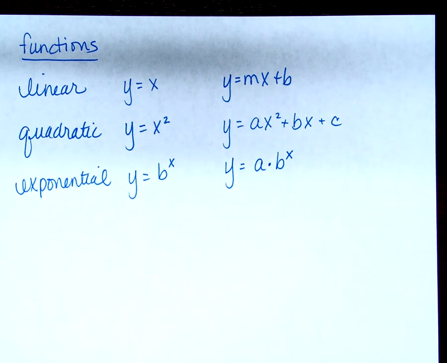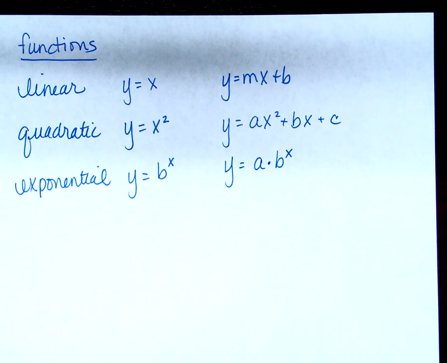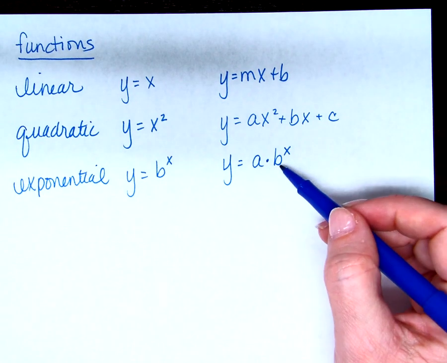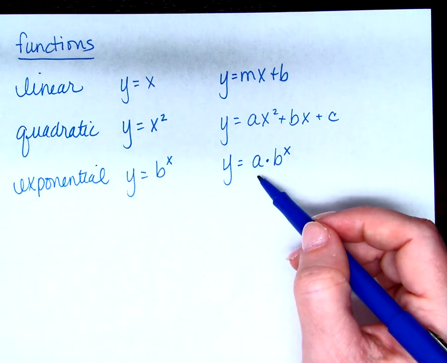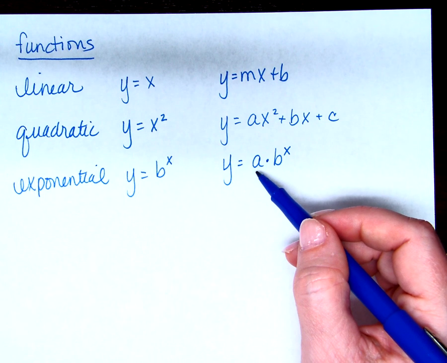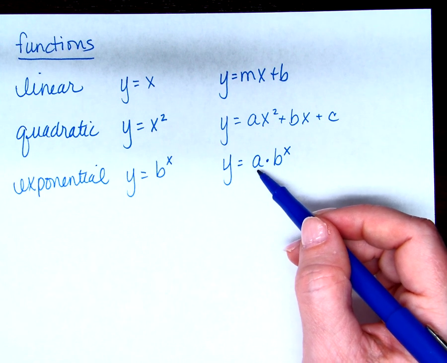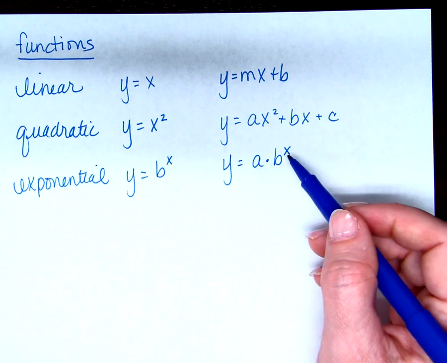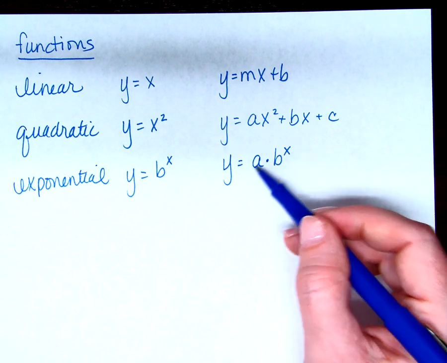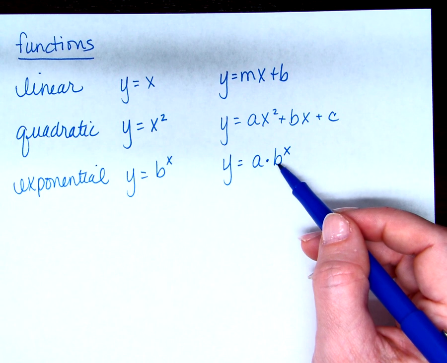A lot of times when it's talking about an exponential word problem, it's going to be money. So I started with $500 and I want it to double, right? Or it's going to be something like, I started with 6 rabbits and they're going to double their population in a certain amount of time. So that would be 6 and that would be 2. Does that make sense?